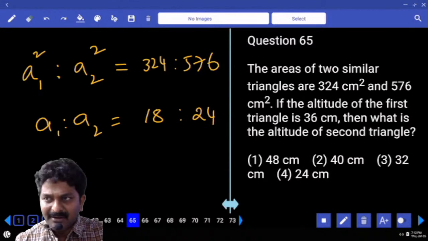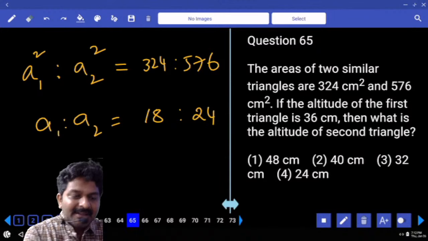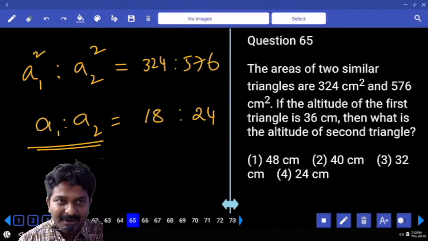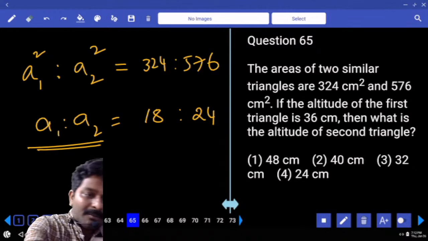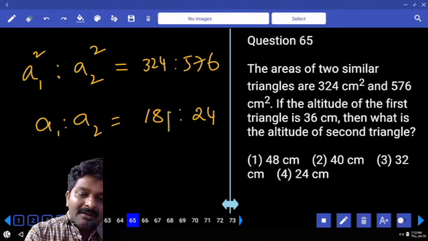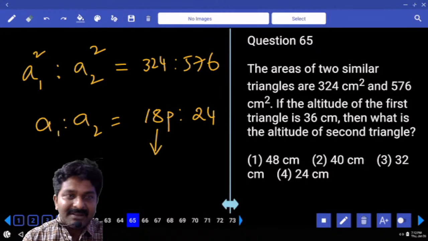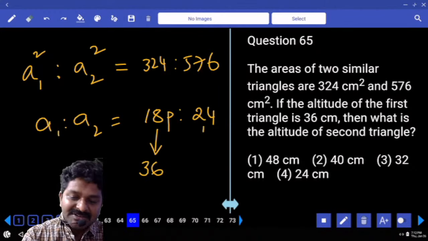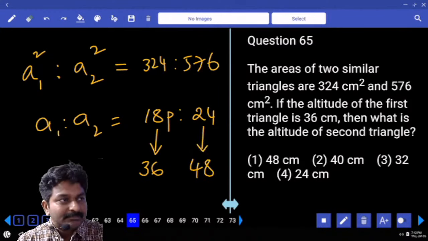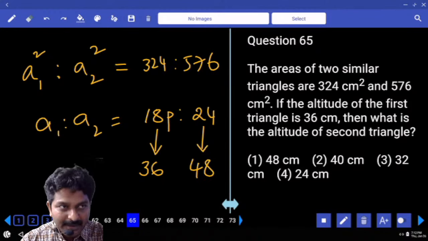Again you can simplify it, but that is not required. If the sides ratio is 18 is to 24, altitude, height ratio is also the same. And the altitude of the first triangle is mentioned as 36. 18 parts is 36. 24 parts is 48. Okay.